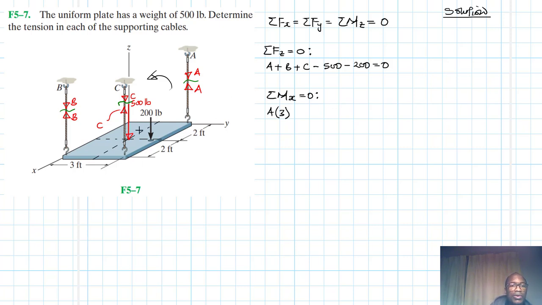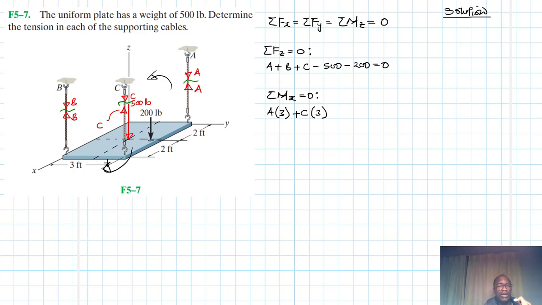What about C? C will also cause the same positive moment, which is C times the lever arm. For C also the lever arm is 3. Then what about the forces, the 500 weight and the 200? They are going to cause the rotation in this direction, so the thumb is going against the x-axis. The rotation is in the negative direction of the x-axis.